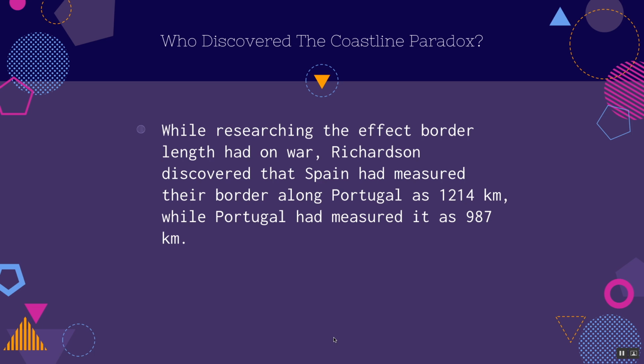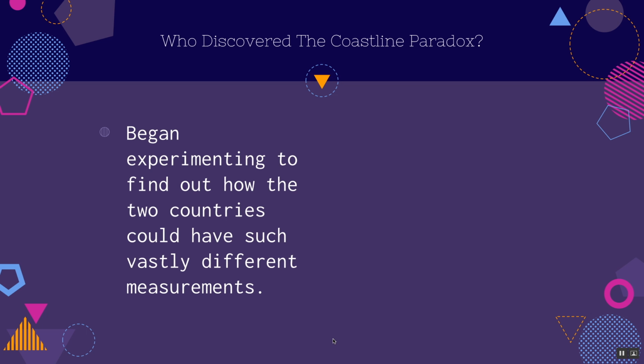While researching the effect border length had on war, Richardson discovered that Spain had measured their border along Portugal as 1,214 kilometers. However, Portugal had measured the same border as 987 kilometers. The large difference in measurements caught his eye, and he began experimenting to find out how the two countries could have such vastly different measurements of the same thing.